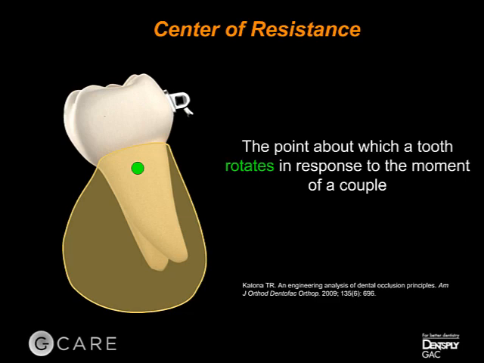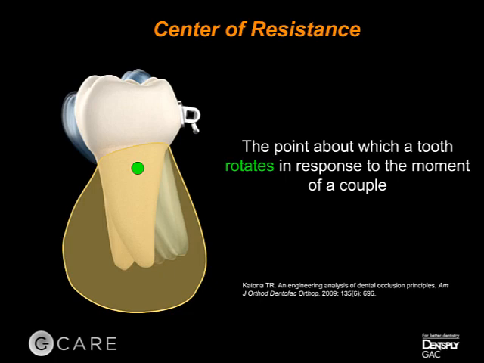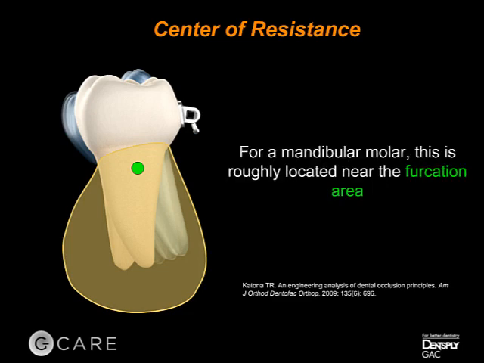In other words, if this tooth is at an improper inclination, as it uprights, the center of resistance is going to be that point at which that tooth rotates. So as we're trying to upright those teeth and get them centered in the bone, the center of resistance is going to be the point at which that happens. And if you're looking at mandibular teeth, the analysis in his article says it's going to be roughly near the furcation area of the mandibular molar.